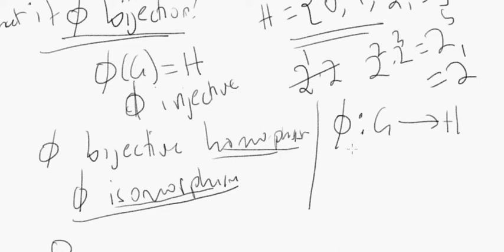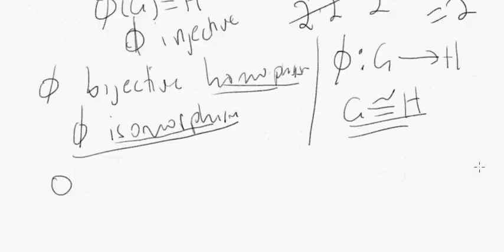That is, if you can produce an isomorphism between G and H, then you're showing that G is in a sense the same as H. A group G is said to be isomorphic to a group H, and we write it like this, if there exists a bijective homomorphism between G and H, or an isomorphism between G and H. Those are the important ideas, and we'll need these when studying Cayley's theorem.